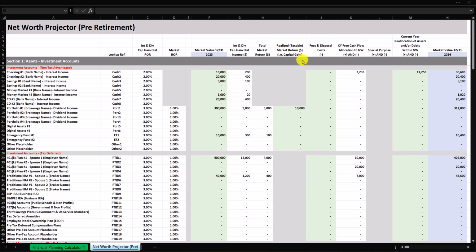In this column over here, this is going to represent capital gain that incurs from you having transactions within your own portfolio, not from distributions from an underlying investment. And I'm going to take the position that this is strictly a tax recognition event and that this type of capital gain does not impact your net worth.